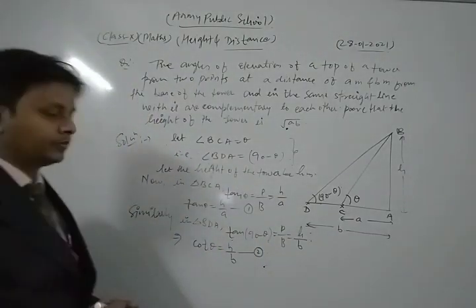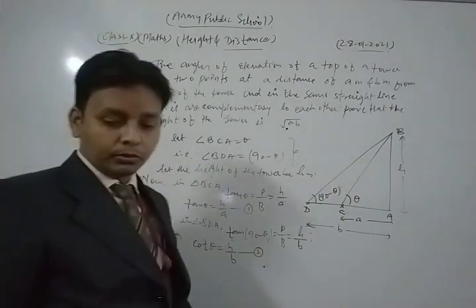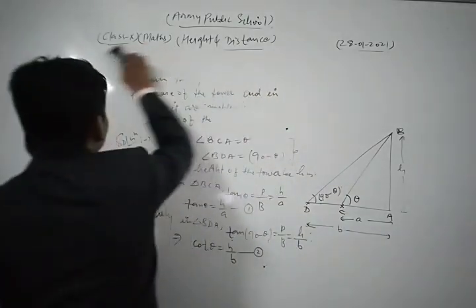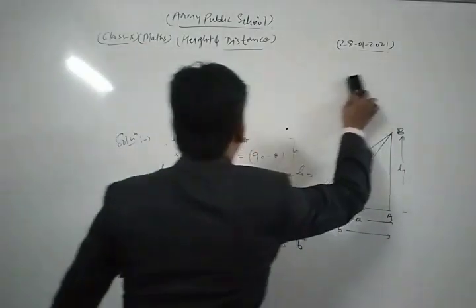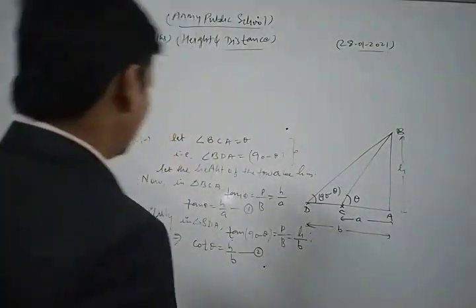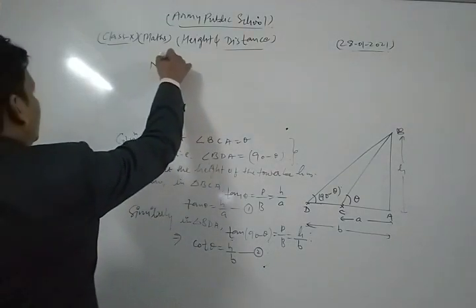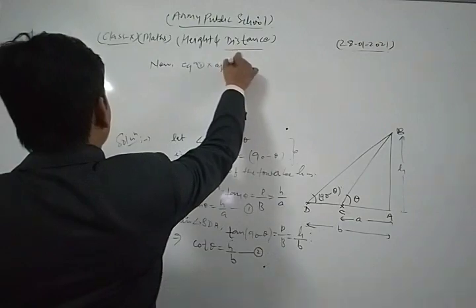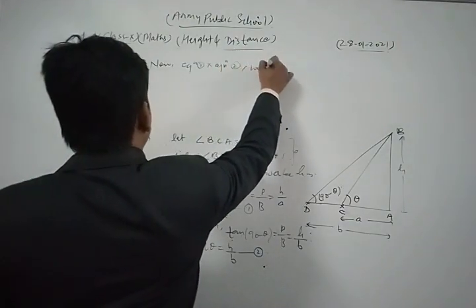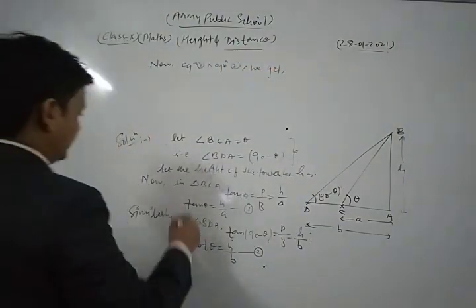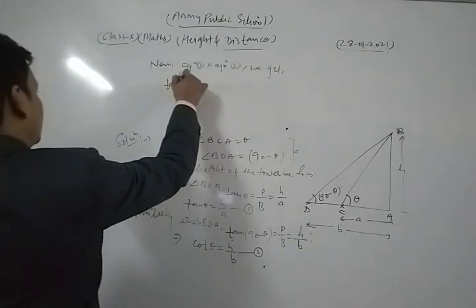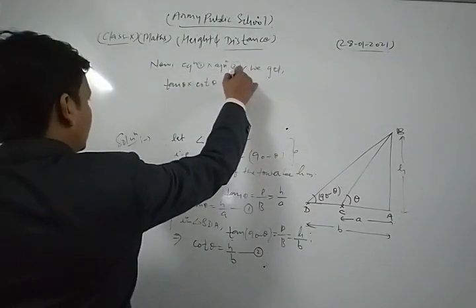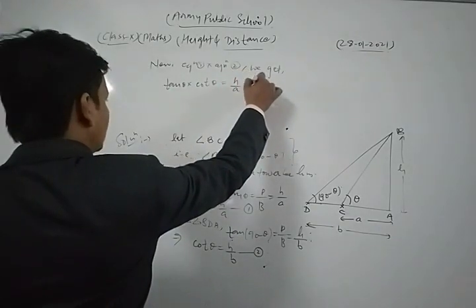So in this way, first of all, we found two equations. Now we multiply equation 1 and equation 2. We get tan theta into cot theta is equal to h upon a into h upon b.